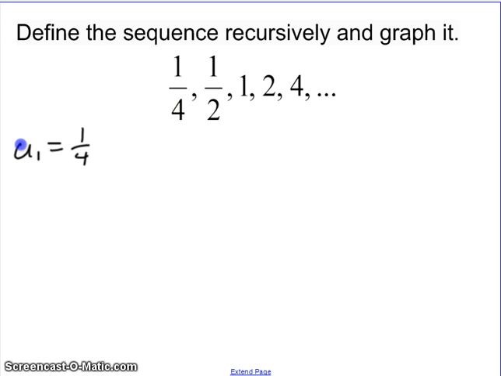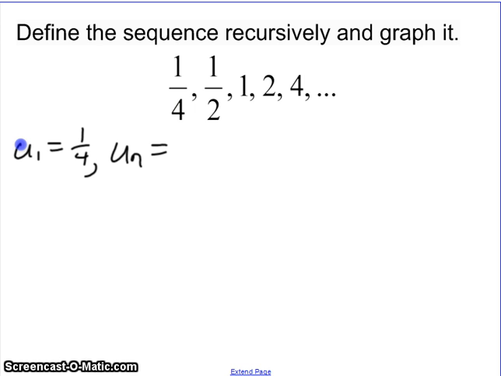All right, the next step is to make an equation for every term that comes after that, for the nth term. So I'm going to put a comma, u sub n, okay? Now, we're always going to relate the nth term to the term that comes before it. The term that comes before it is u sub n minus 1.